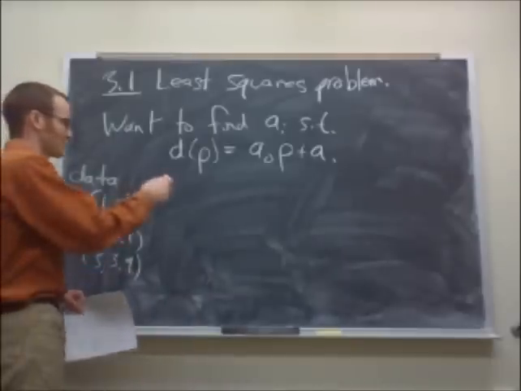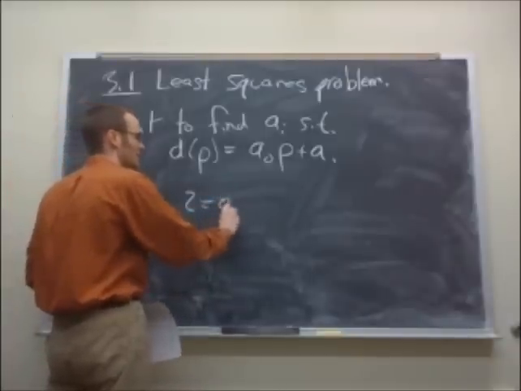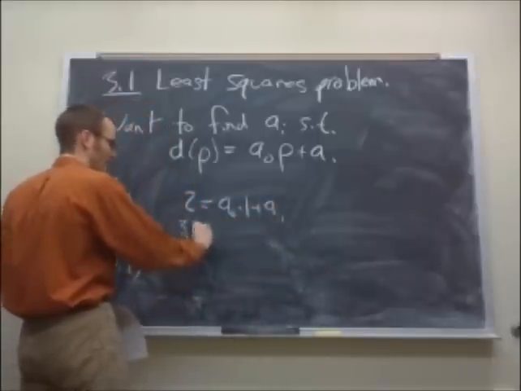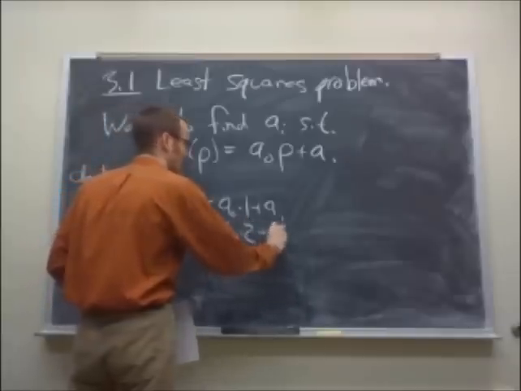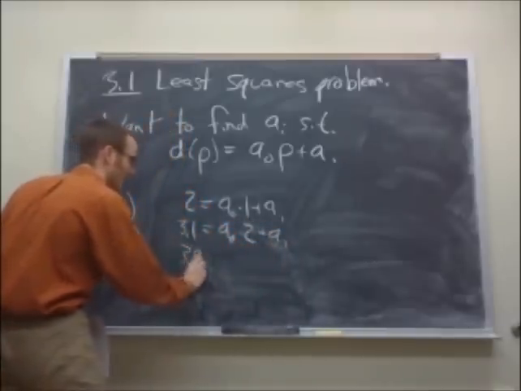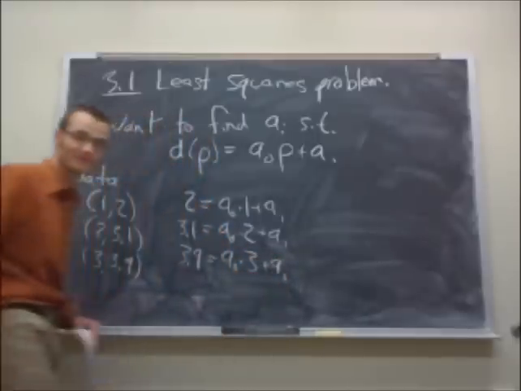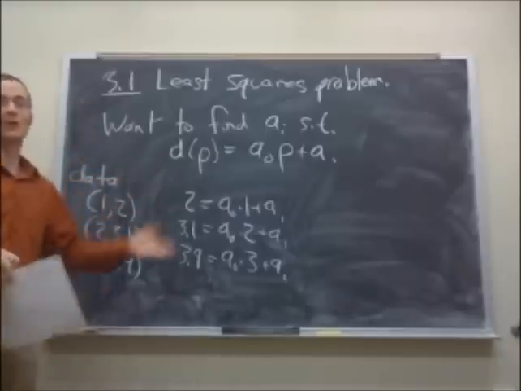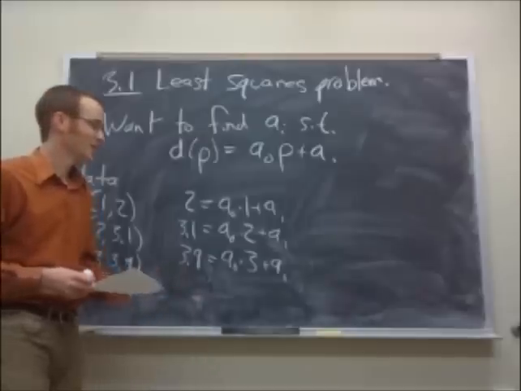Then we want 2 to equal a0 times 1 plus a1, 3.1 to equal a0 times 2 plus a1, and 3.9 to equal a0 times 3 plus a1. We want to be able to solve this system. Now, we have more equations than unknowns, and so we can't necessarily solve it, right?